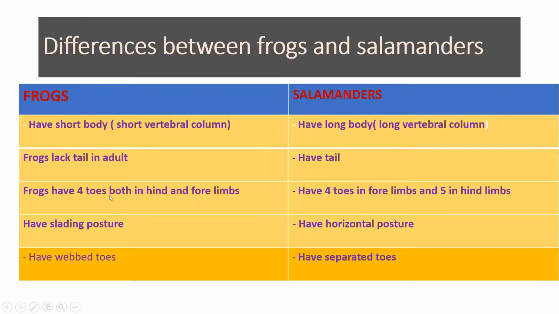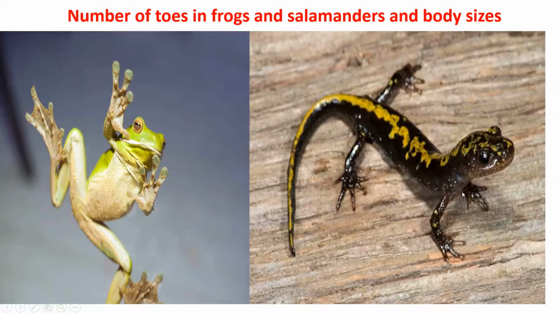Then we look at the number of toes. A frog has 4 toes both in hind and forelimbs, while a salamander has 4 toes in forelimbs but 5 toes in hind limbs. I want us to look at this image here. When we look at the salamander, the hind toes are 1, 2, 3, 4, 5. When we look at the frog, the hind toes are 1, 2, 3, 4.